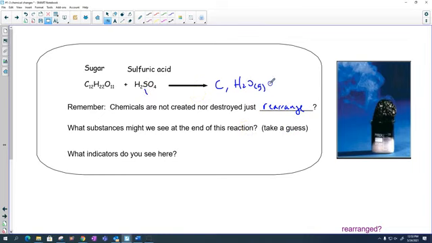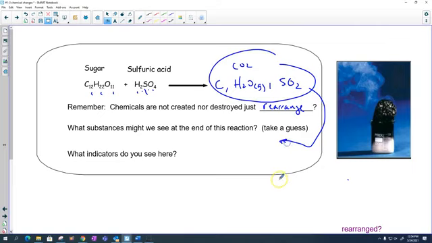It smells kind of bad, so maybe there's some sulfur dioxide. There's lots of stuff happening, and there's a lot of chemicals here, but most of them are just some carbon dioxide, I'm sure. But all those atoms are going to be rearranging into forming new substances. In fact, it turns yellow in there too.